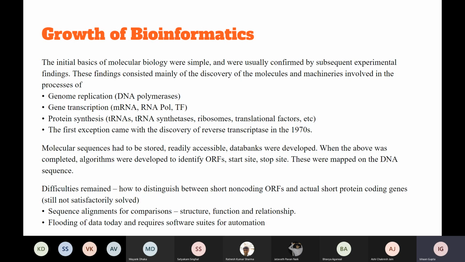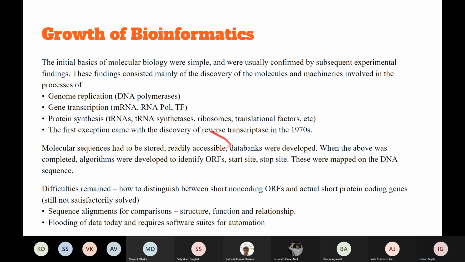And these findings typically consisted of the discovery of molecules and machineries involved in the process of DNA replication, genome replication, transcription, and gene synthesis and protein synthesis, right? But the first exception came with the discovery of reverse transcriptase, which is an enzyme in viruses that allows them to copy RNA into DNA. So this whole process of the central dogma was reversed.